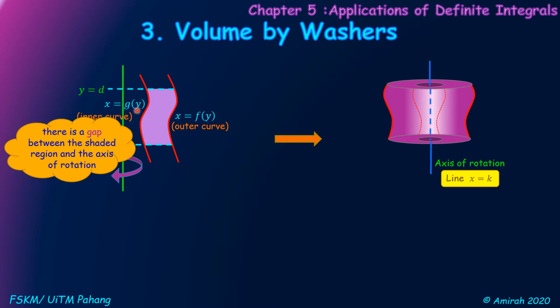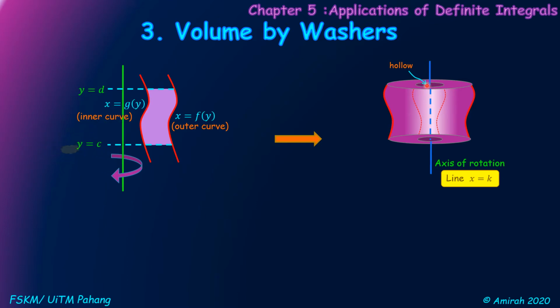This is the gap. So after rotation, we will get a hollow here. A washer is like a disc, but with a center hole cut out. This is the diagram before rotation, and this is the diagram after rotation.